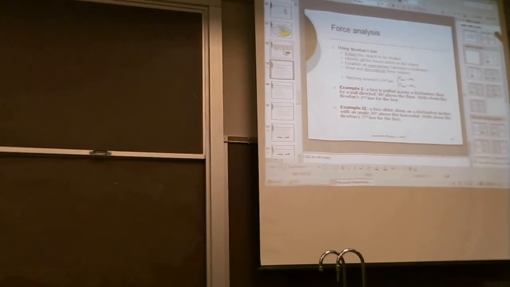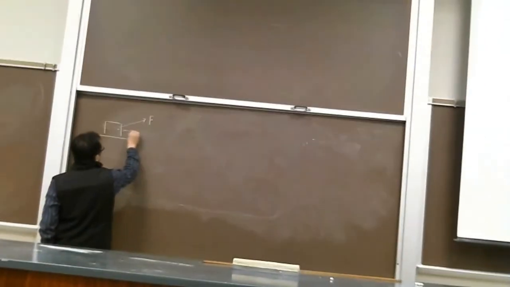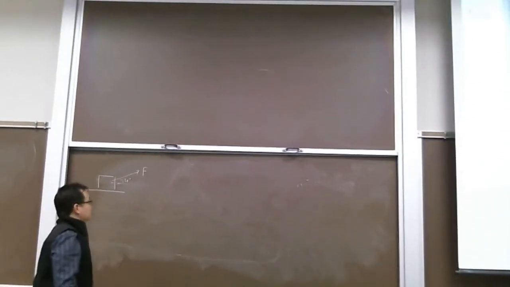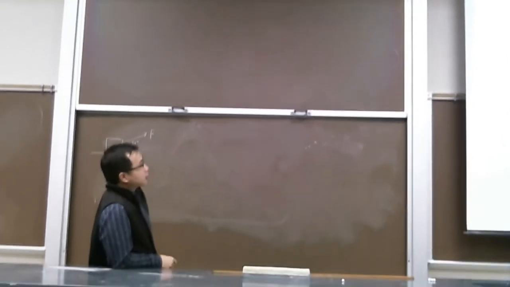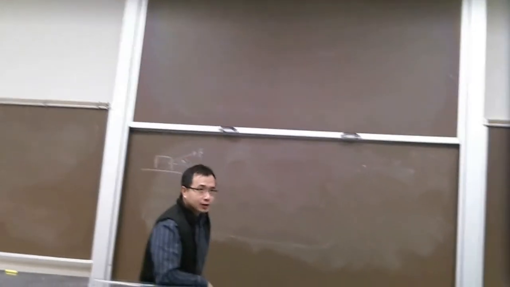If you make a graph, it looks like this. You have some external pulling force, and the direction of the force is 30 degrees above the ground.